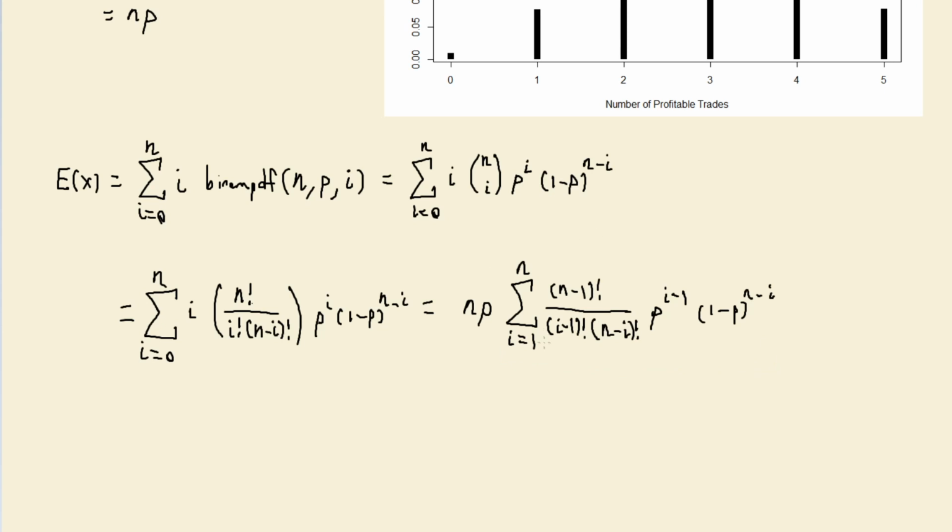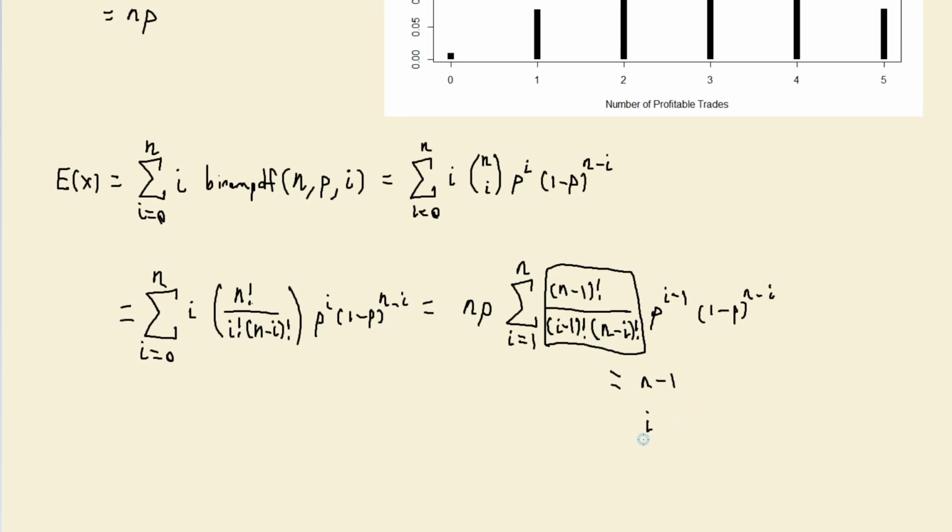What I'm noticing here is that this expression is just equal to n minus 1 choose i minus 1. Why? Well, that would be n minus 1 factorial over i minus 1 factorial multiplied by n minus 1 minus i minus 1 factorial, and those negative 1s are going to cancel with one another. We would just be left with n minus i factorial.